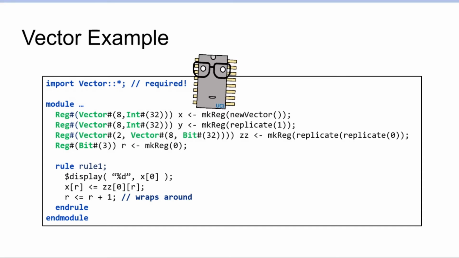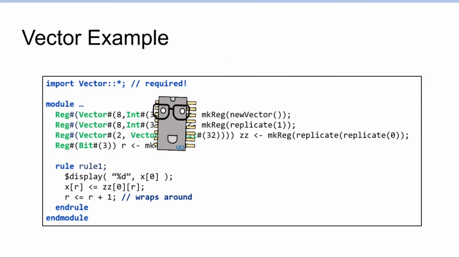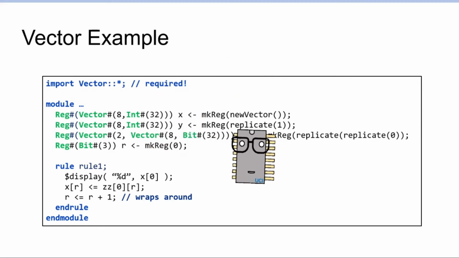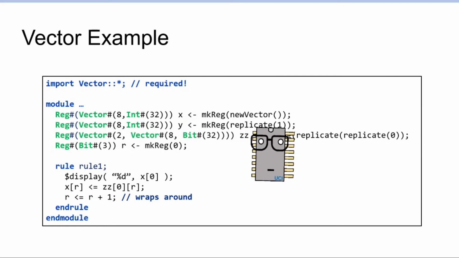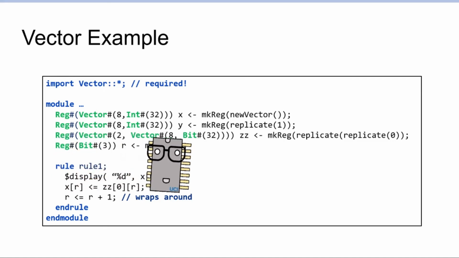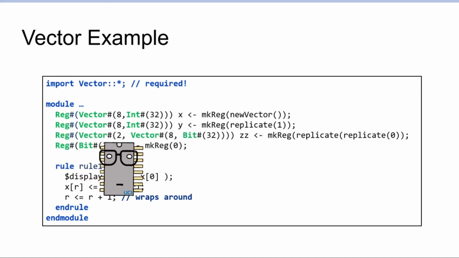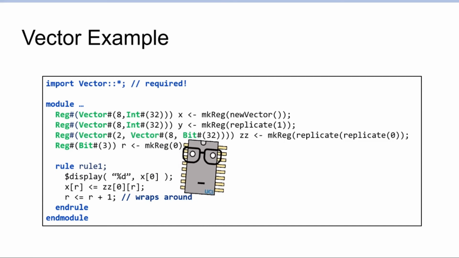And I can call mkReg, and the default value would be just a new vector with undefined values. Or I can use this replicate function to fill all of these 8 slots in the vector with 1s. Or I can even do a 2-dimensional vector, a single register holding a 2-dimensional vector, let's say x dimension of 2, y dimension of 8, each of these slots holding Bit 32.